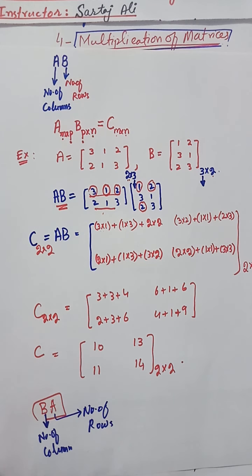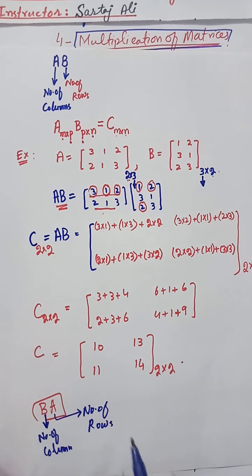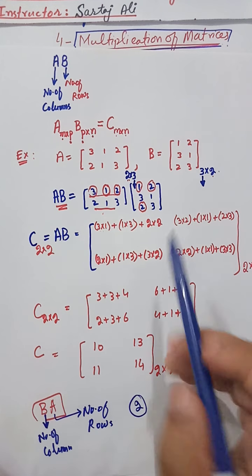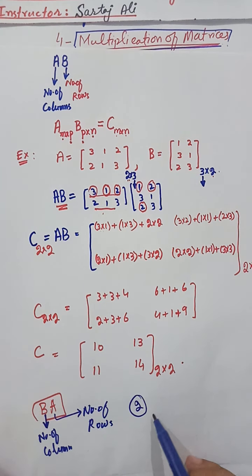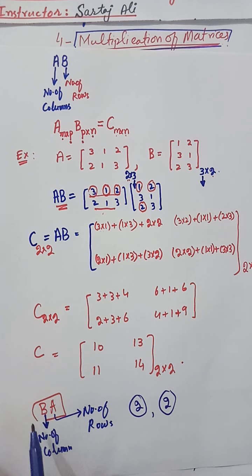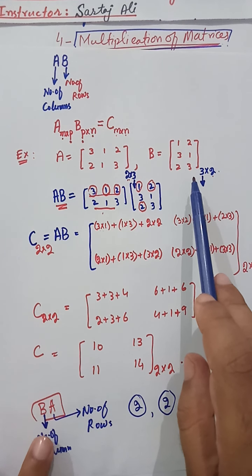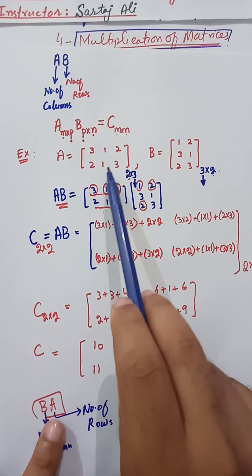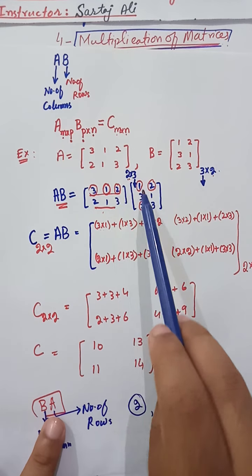So here in the matrix B, the number of the columns is 2, and in matrix A, the number of the rows is 2. So this multiplication is also possible because this is your first matrix in this product, so the number of the columns here is 2, and this is the second matrix in this multiplication, and the number of the rows of this matrix is 2.